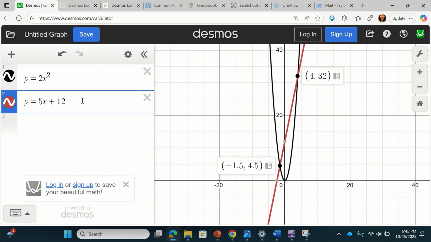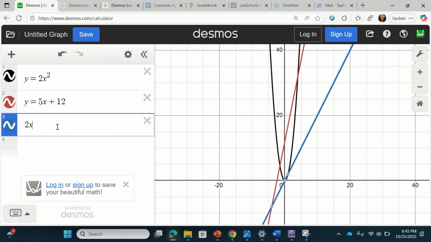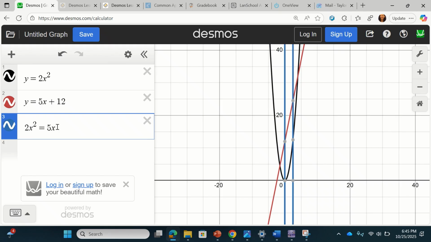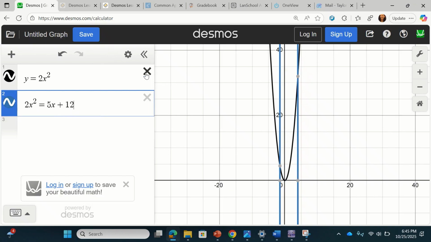Now, a third way you can do it is this. The original equation, I'm just going to type it here so that we have something to look at, was this. Now, what I'm going to do is solve this, basically set it equal to 0. And to do that, I'm going to subtract 5x from both sides, and I'm going to subtract the 12 from both sides.